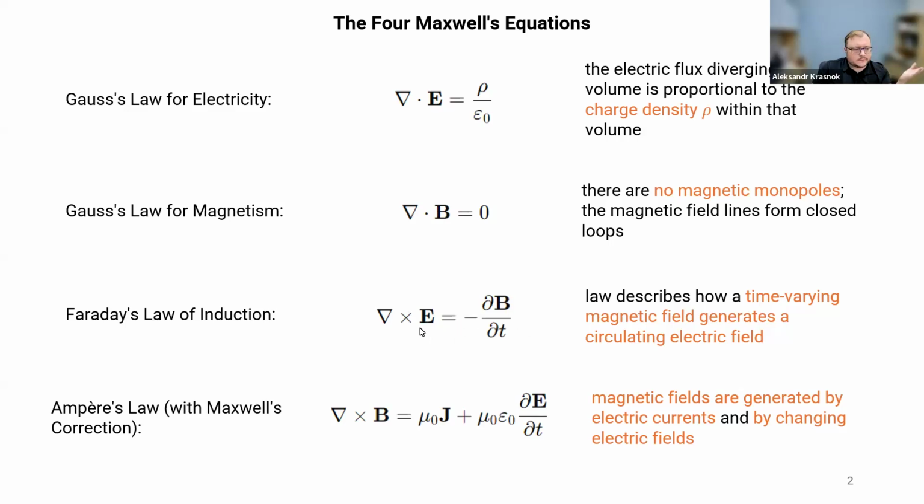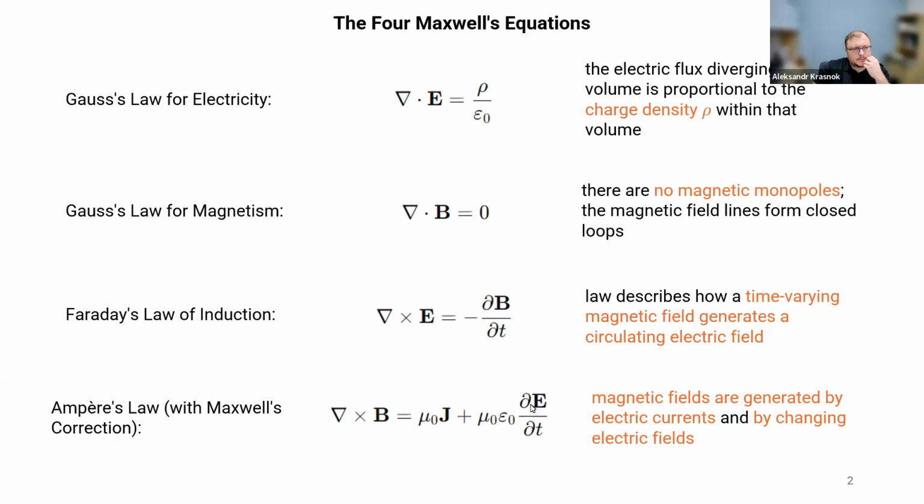And the last, Ampere's law, indicates basically the opposite: that the change of electric field creates the curl of magnetic field. And the current also creates this curl of magnetic field.